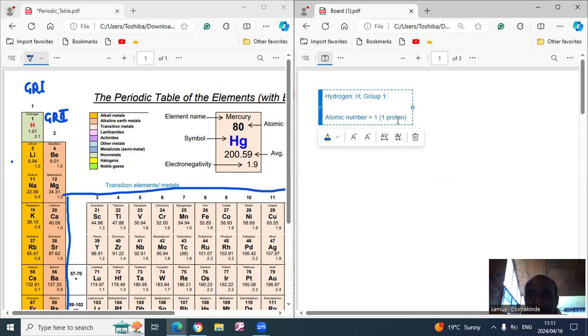Remember, the atomic number simply refers to the number of protons. Now, in a neutral atom, the number of protons usually equals the number of electrons.